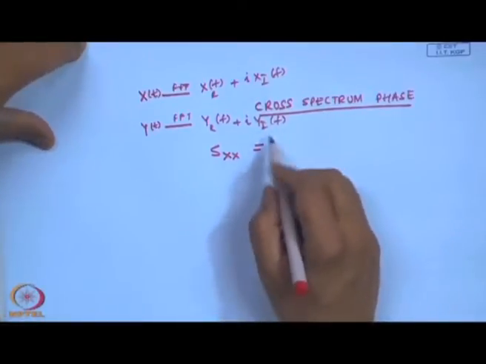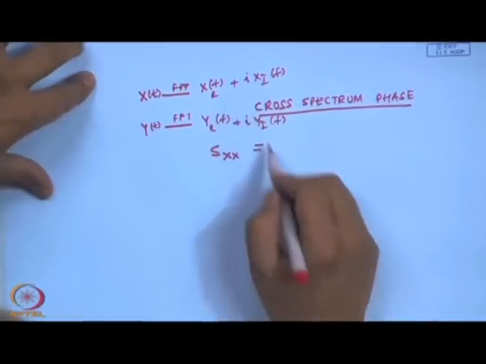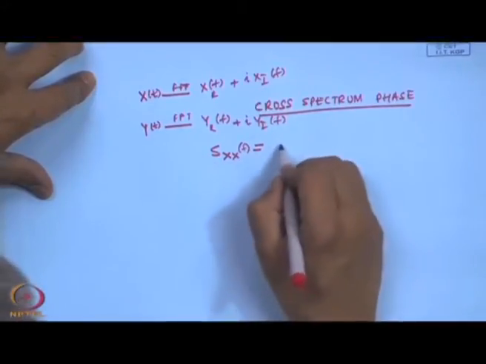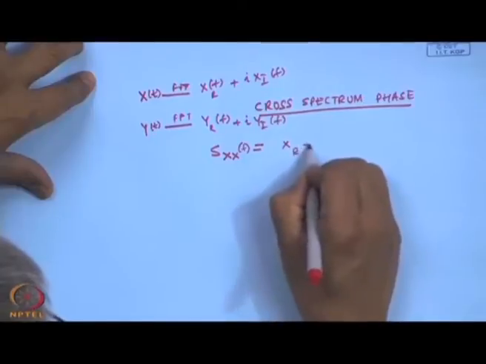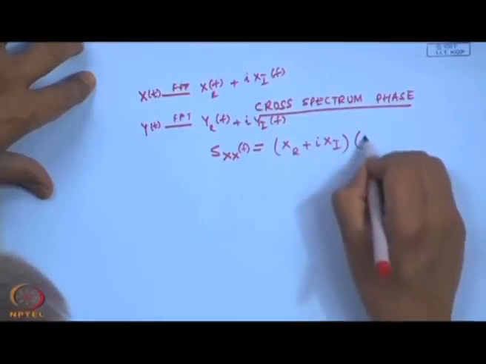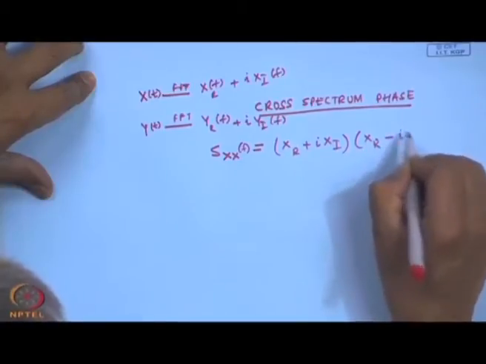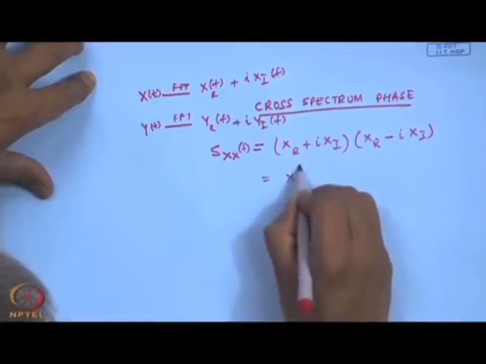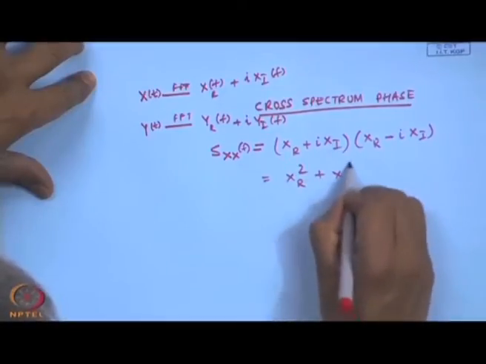So, Sxx, I will remove the f's here, these are all in the frequency domain, and this will be xr plus i xi times the conjugate, and this will be xr square plus xi square.